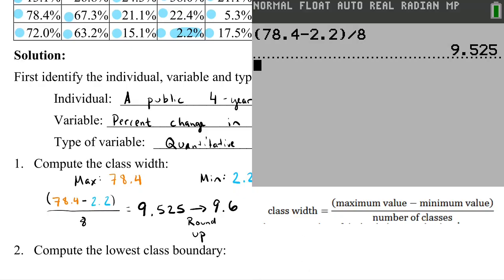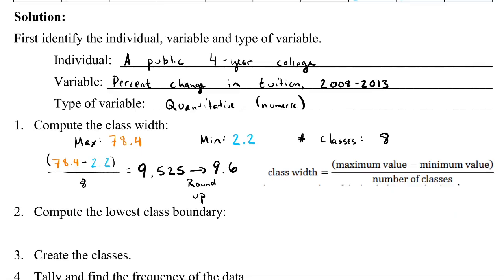Okay. Next, we need to find our lower class boundary. And these have 1 decimal place in our data set. And so we'll subtract 0.05.